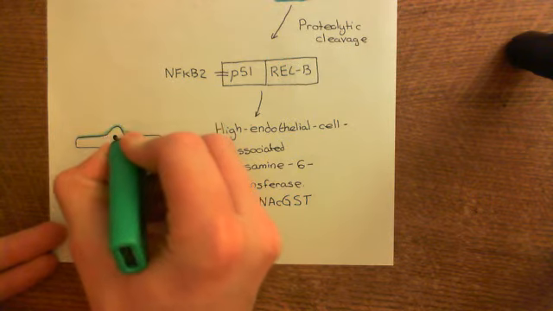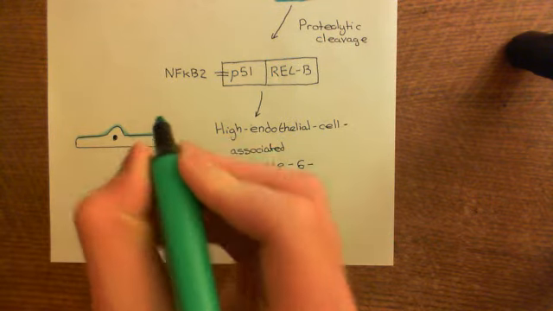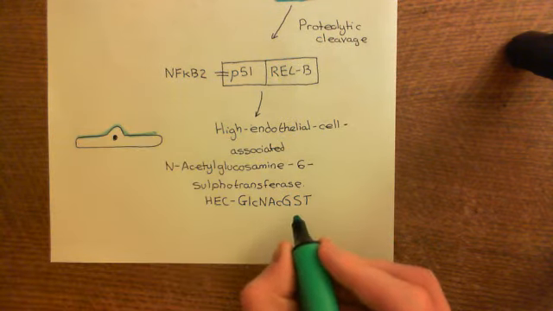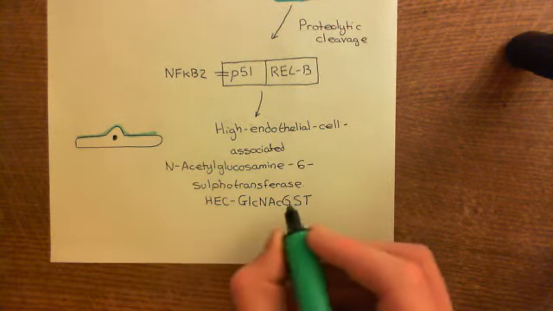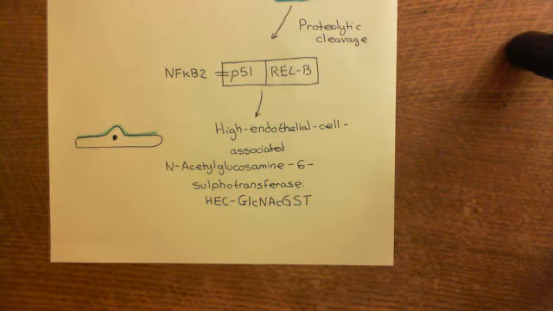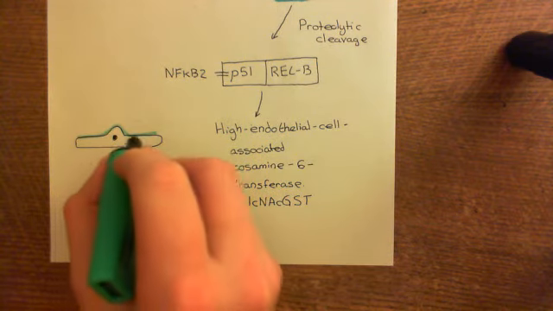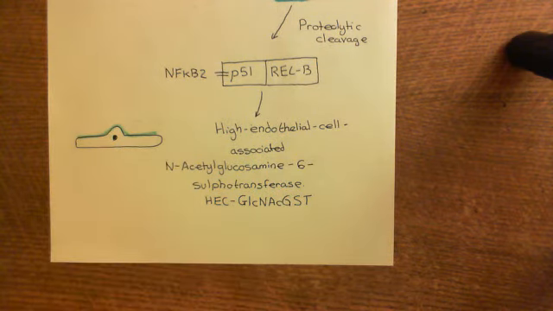Now basically what this enzyme is going to do is add sulfate groups onto the monosaccharides which make up those polysaccharides on the surface. So basically it's going to sulfonate these polysaccharides.